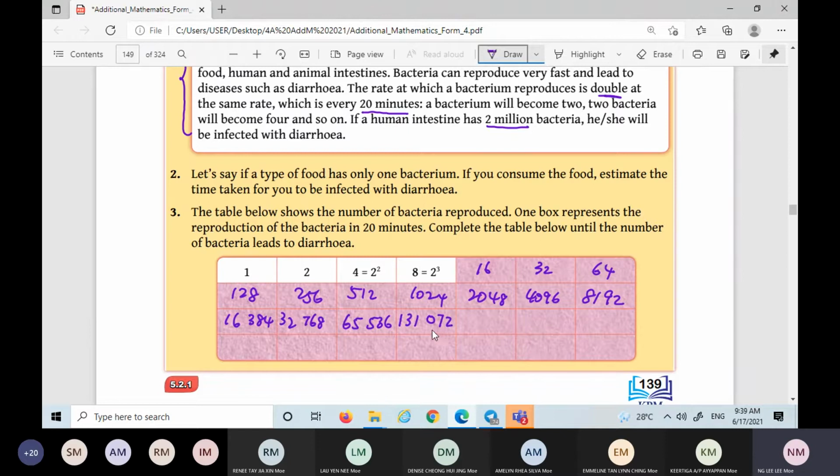May I know 1 million is how many zeros? 6. So this one will be 2 followed by 6 zeros. Okay, not yet.